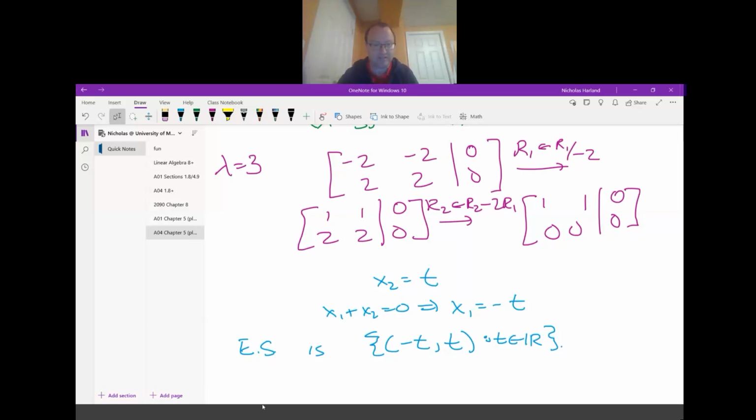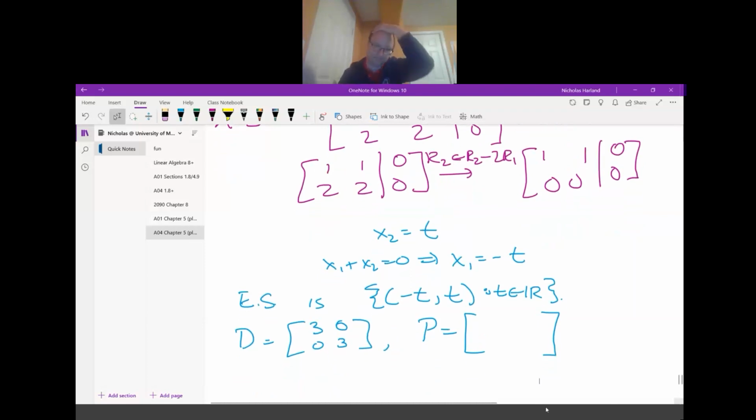All right, beautiful. So that says D. Well, we had 3 with multiplicity 2. So what's P? P is our matrix with eigenvectors. So we need 2 eigenvectors in order to get our 2 columns for P. What are our eigenvectors?